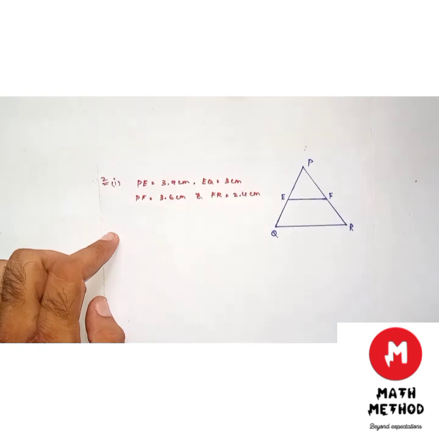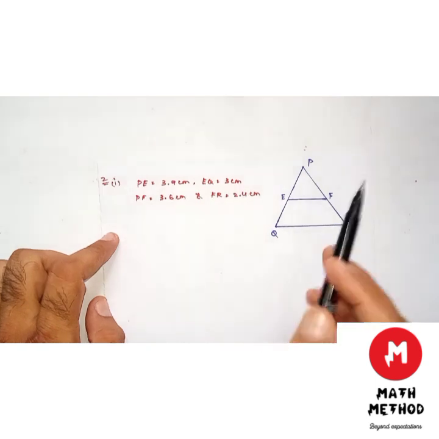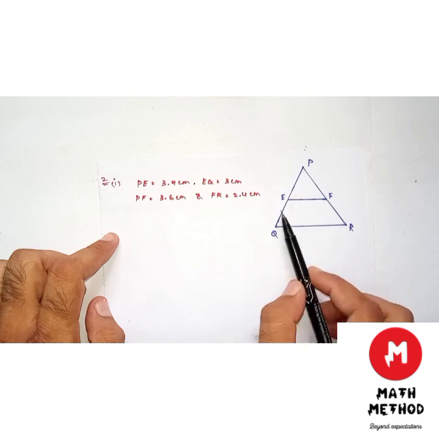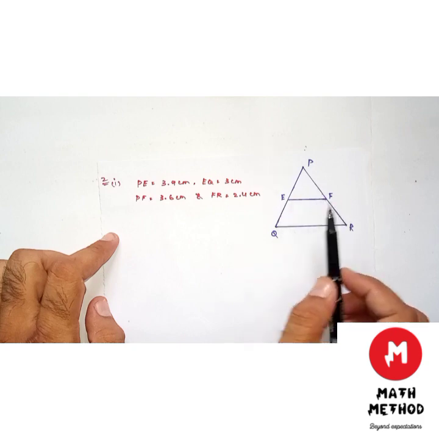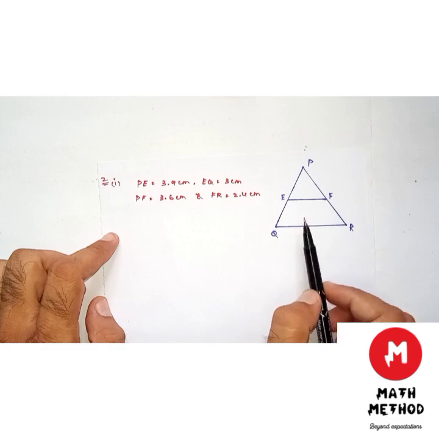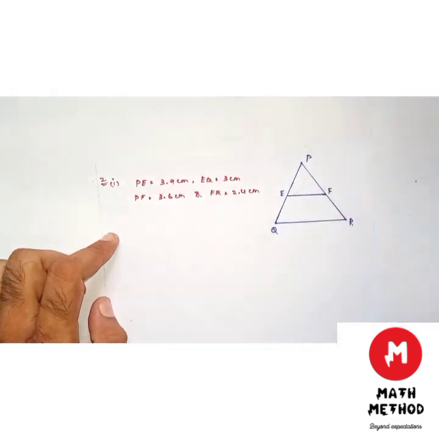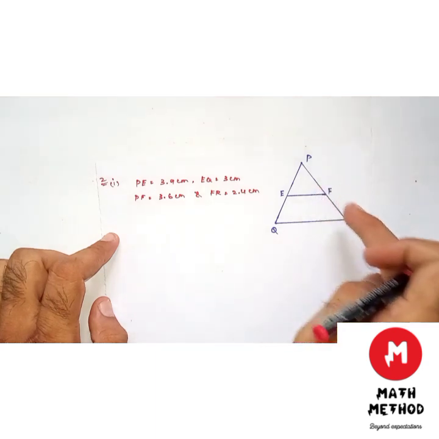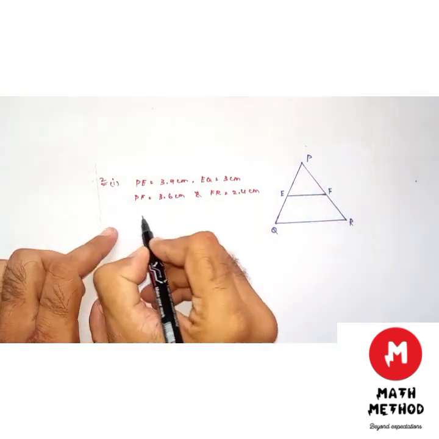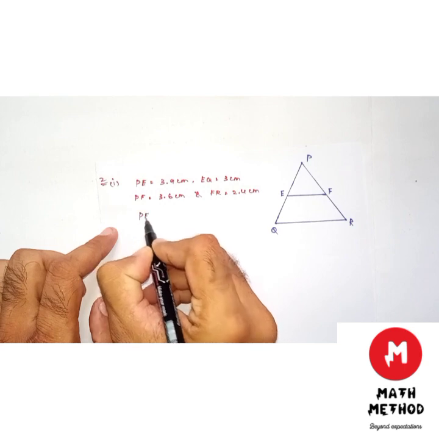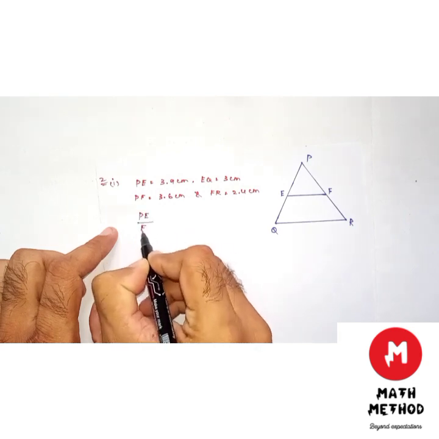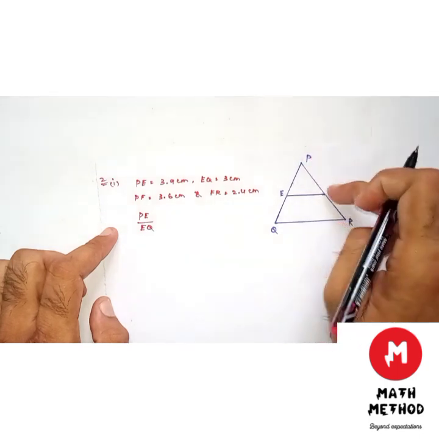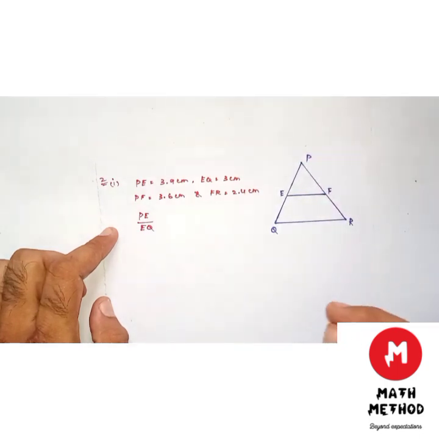Now, according to theorem 6.2, if a line divides any two sides of a triangle in the same ratio, then the line is parallel to the third side. Now, here we have to check whether PE by EQ and PF by FR are in the same ratio or not.